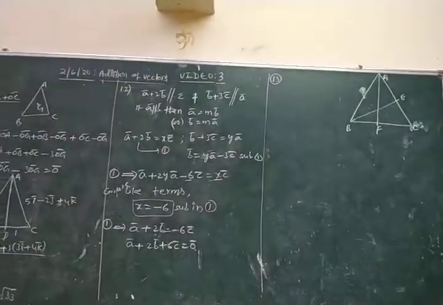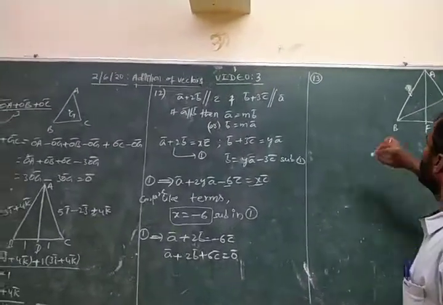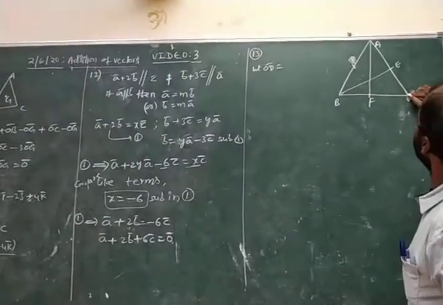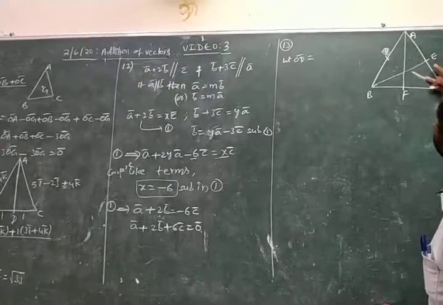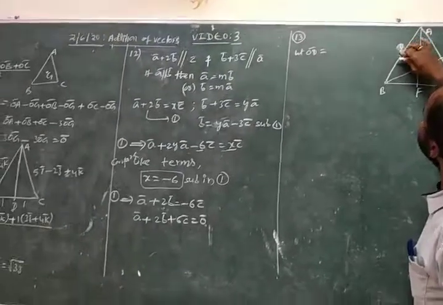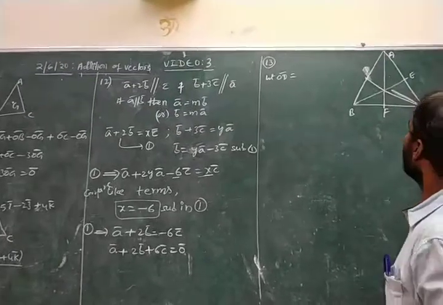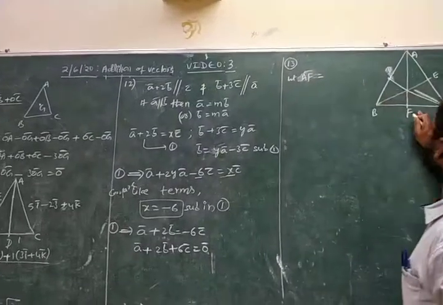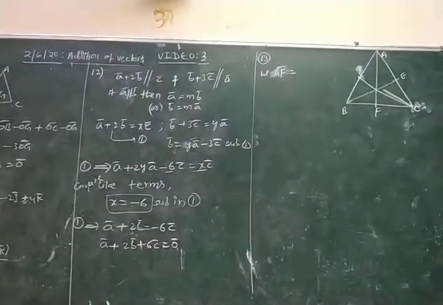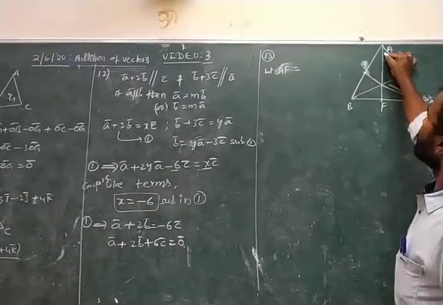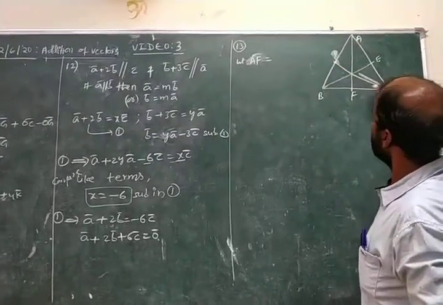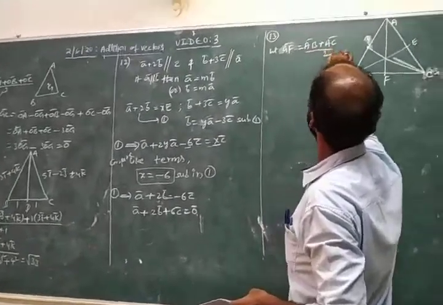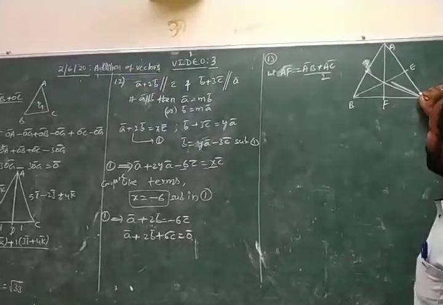Now first, D is the midpoint of AB. Now AF bar: F is the midpoint of BC. AF bar is equal to AB bar plus AC bar by 2, AB bar plus AC bar by 1:1 ratio.